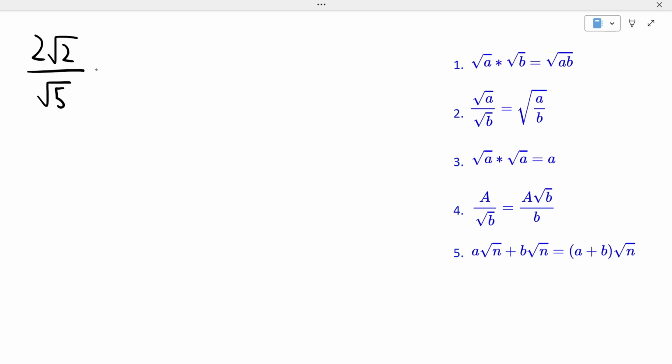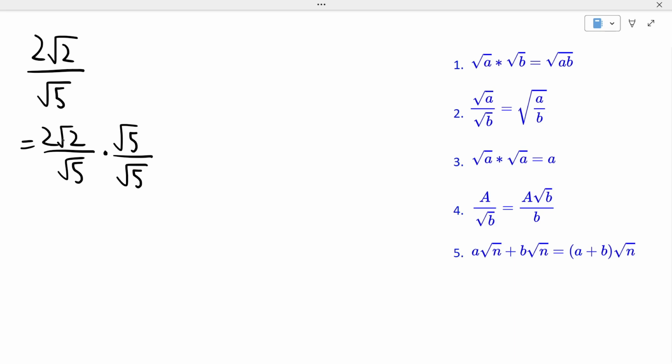So what about this one? 2 square root of 2 divided by the square root of 5 is not in simplified form because there is a square root of 5 in the denominator. And to get rid of that, we can multiply both the top and bottom parts of the fraction by square root of 5. So we multiply the entire expression by square root of 5 over square root of 5.